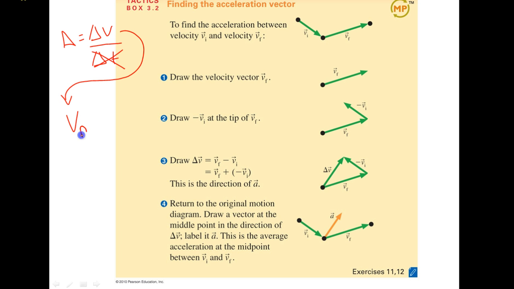It's V final minus V initial. Go ahead and change it to an addition problem. V final plus the opposite of V initial. And so I know I've got to flip my V initial vector. And then once I do that, my acceleration vector is actually going to be the resultant of those two, of that vector addition. And so we're going to continue on with this idea today.